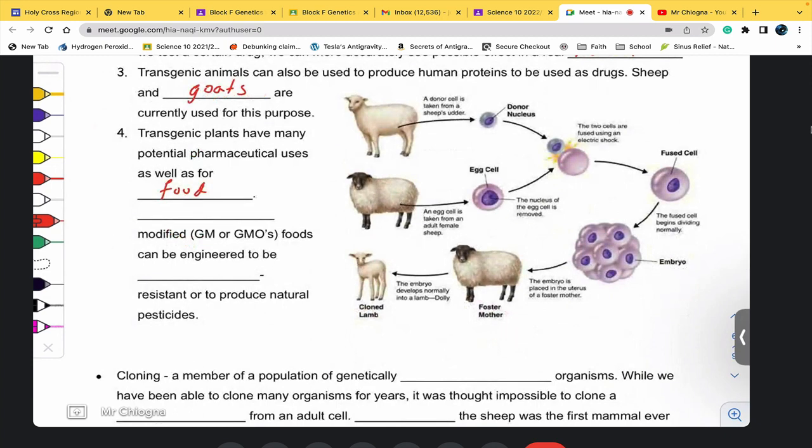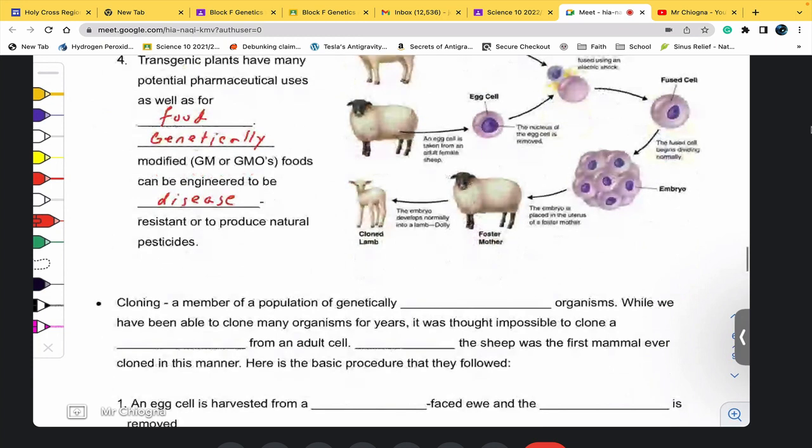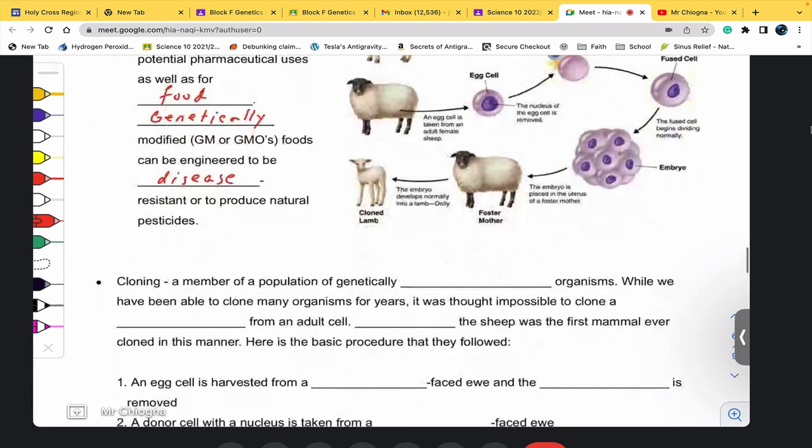Genetically modified foods, or GMOs, can be engineered to be disease resistant, or to produce natural pesticides.